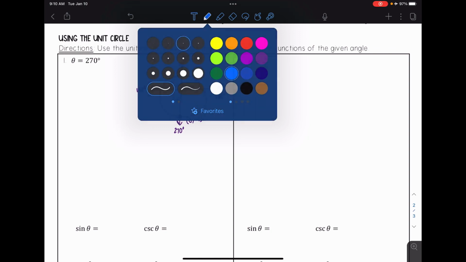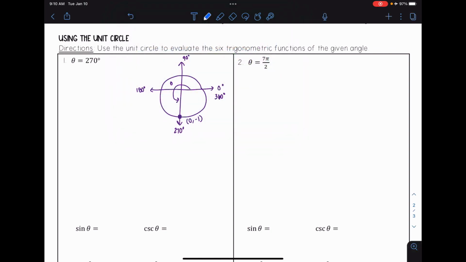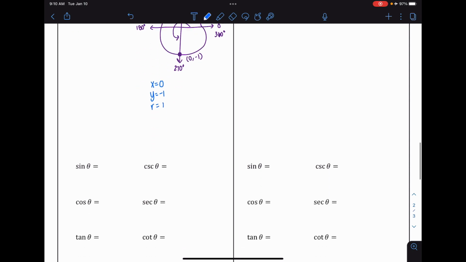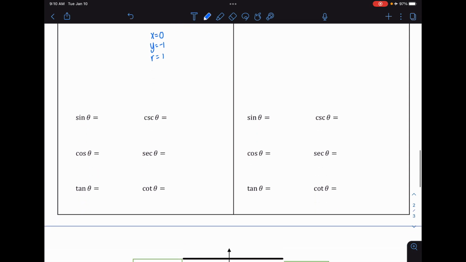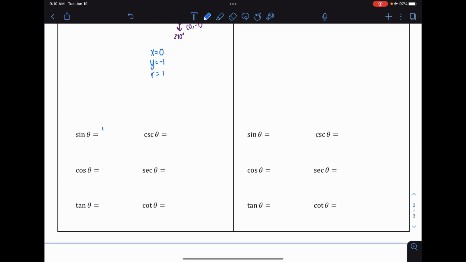And so that means that my x is equal to 0, y is equal to negative 1, and for the unit circle, we learned that the radius is always 1. So it means that r is equal to 1. And now we're going to use those same definitions to find the 6 trigonometric functions. So sine of theta we know is y over r.